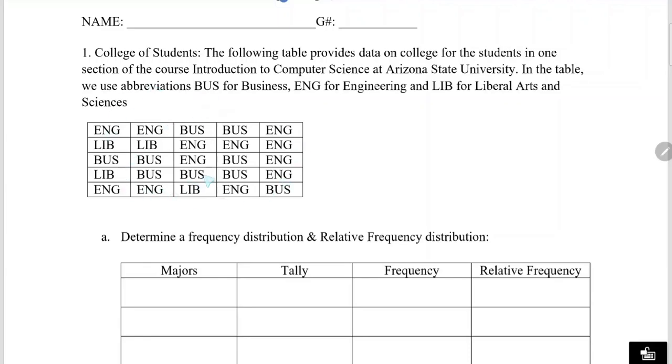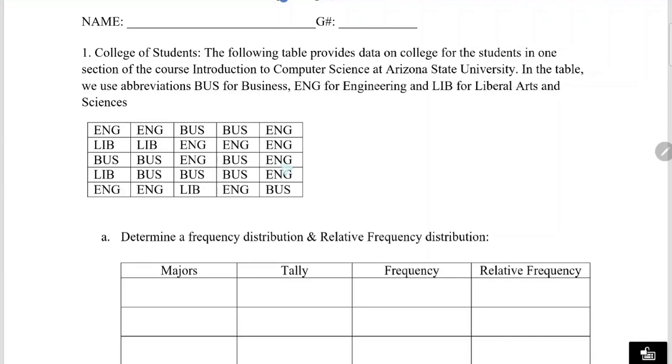So this is the data given to us, and we have to determine the sample size from here, and then also we have to create a frequency table, relative frequency distribution, and go on to graphically representing the data with a bar chart as well as a pie chart.